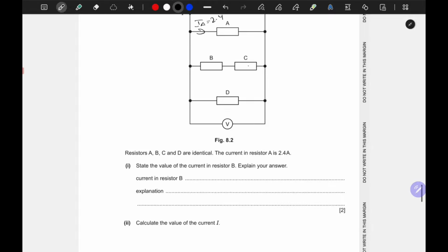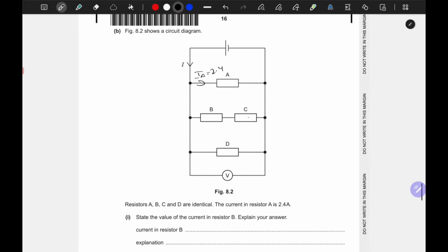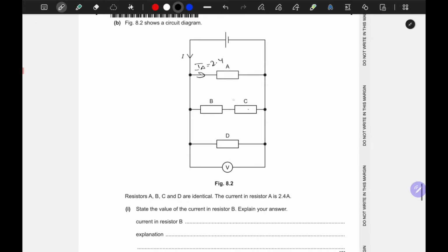State the value of the current in resistor B. Explain your answer. If we look at the diagram, they're all connected in parallel, so the voltage is the same here, here, here, here. It's always the same. So basically, it's the current that's changing. We have 2.4 here, and two resistors here, which are identical to A, so we have 2 times the resistance.